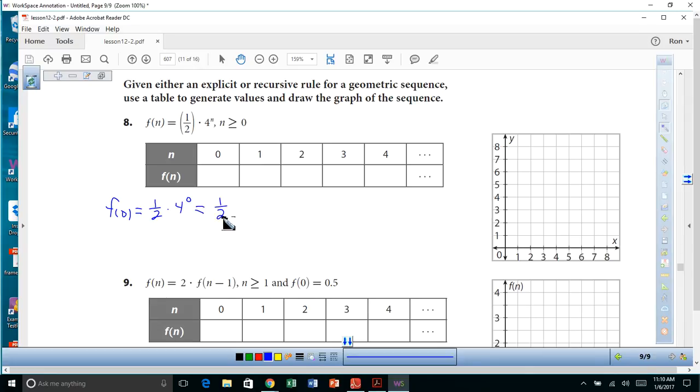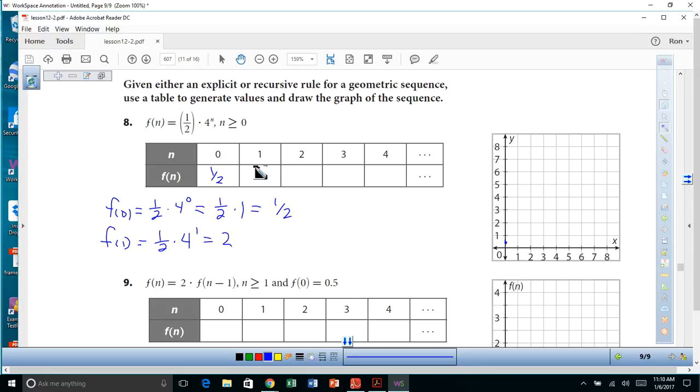That would be 1/2 times 1, which is 1/2. So we're going to put 1/2 here. And so 0 and 1/2 is going to be right there.